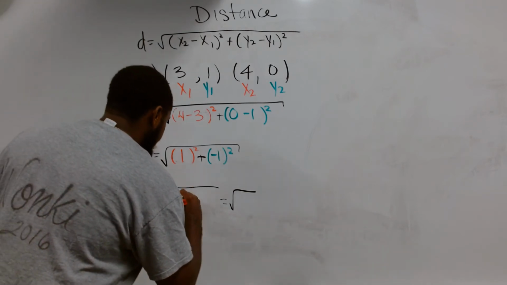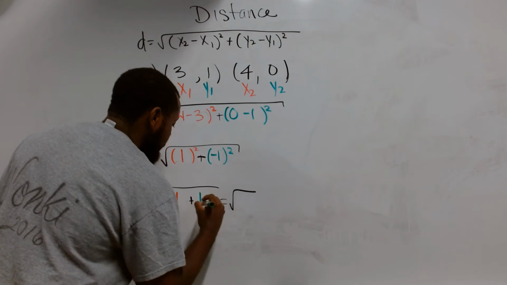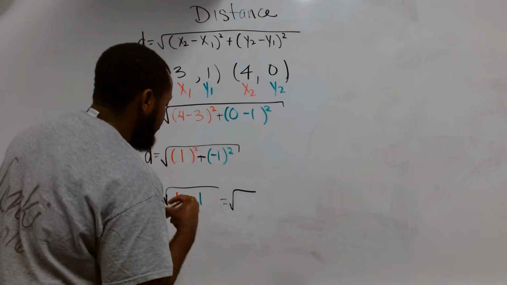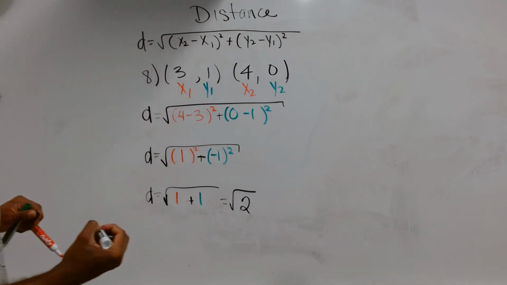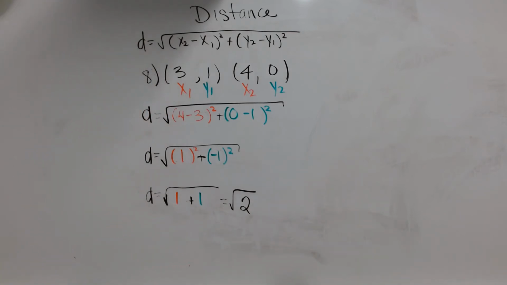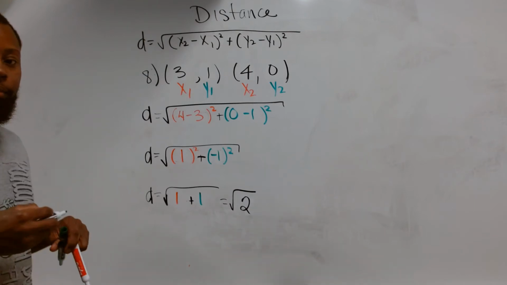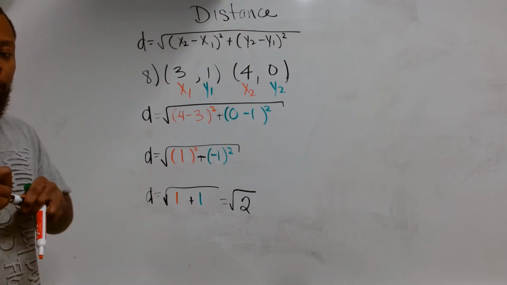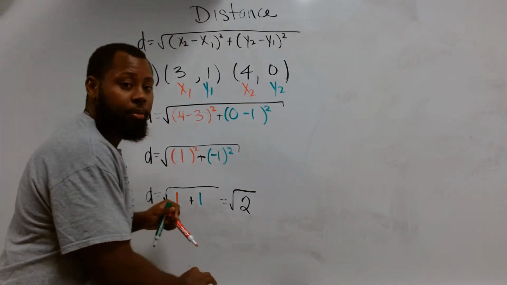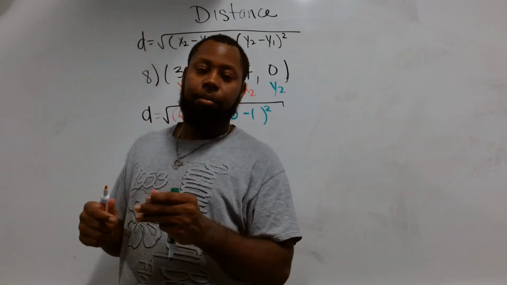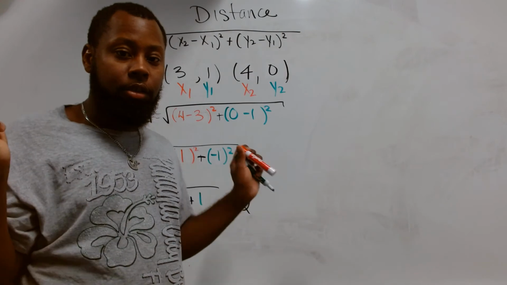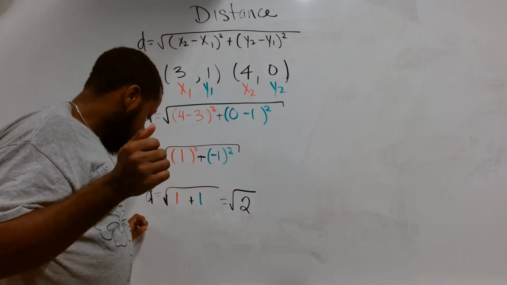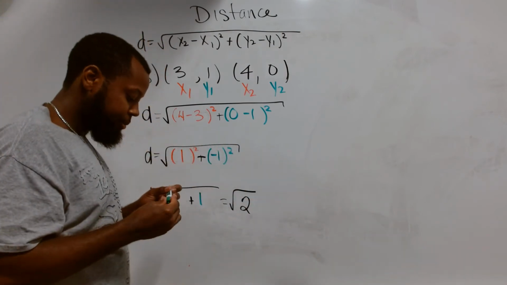So you literally will have 1 plus 1. And 1 plus 1 is 2. And that's your answer. Do that make sense? Yes, no, maybe so. If not, you know how to reach me.